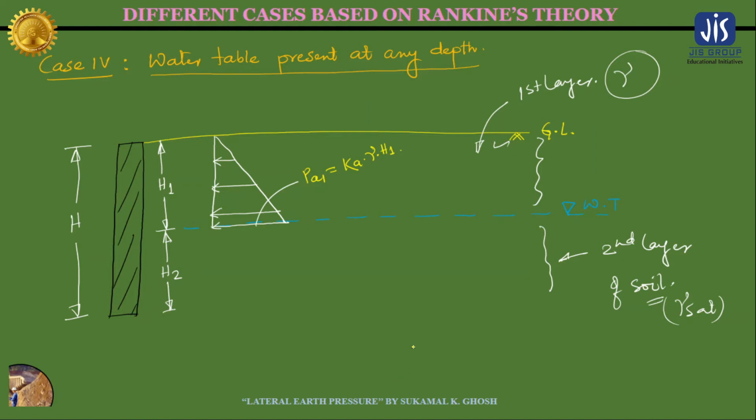Now you may observe in this figure that this first layer is acting as a surcharge on the second layer. The surcharge pressure is uniform throughout, and the value of this surcharge will be equal to the effective stress of the first layer. This first layer is acting as a uniform surcharge on the second layer.